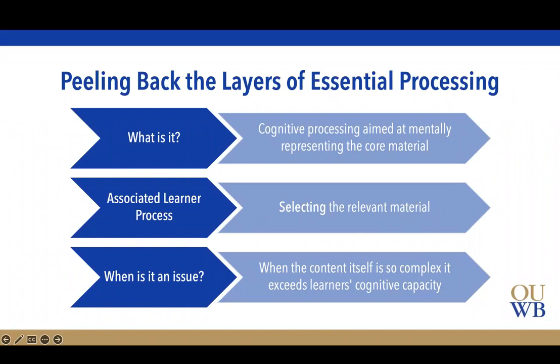The principles we're going to talk about are the segmenting principle, which is related to the idea of chunking content into smaller pieces. The other principle is the pre-training principle, which allows you to share certain bits of information ahead of time, potentially. And then we'll talk about the modality principle, which is about how you present words.